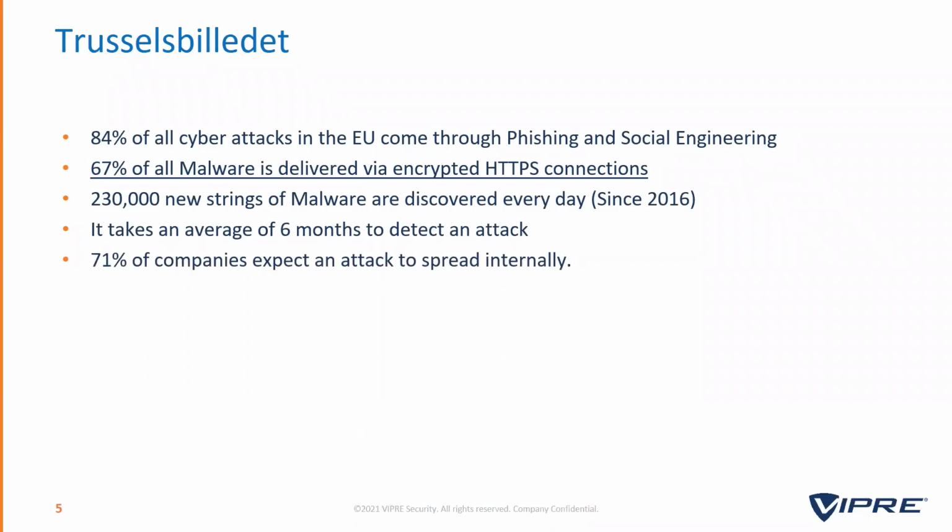71% of all companies expect an attack to spread internally inside the company. Now, spreading inside a company is actually a bigger risk. If we look at how companies generally protect themselves, it's usually a shell that's created around the company. But throughout corona, we found out that the shell is pretty good when looking at a company location.